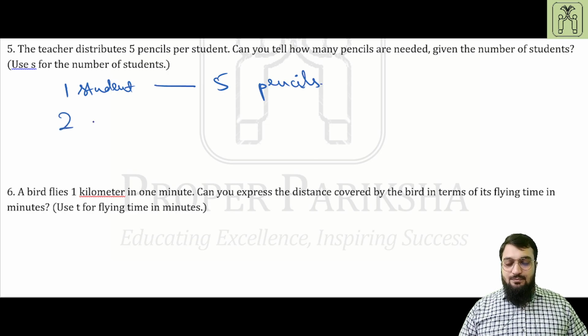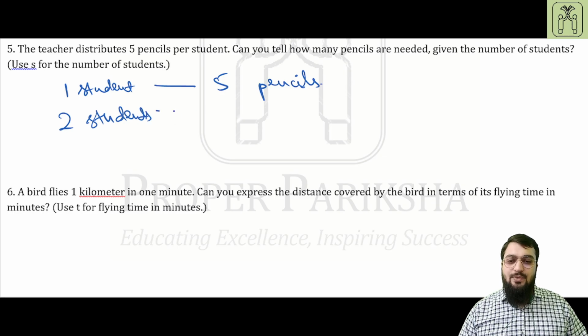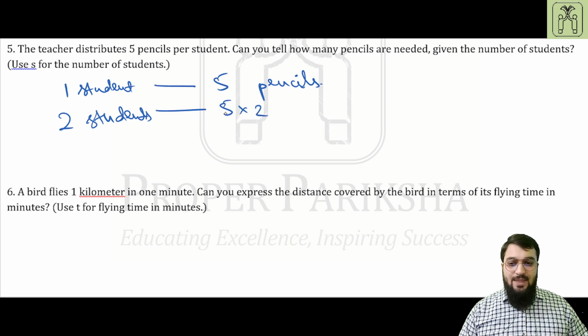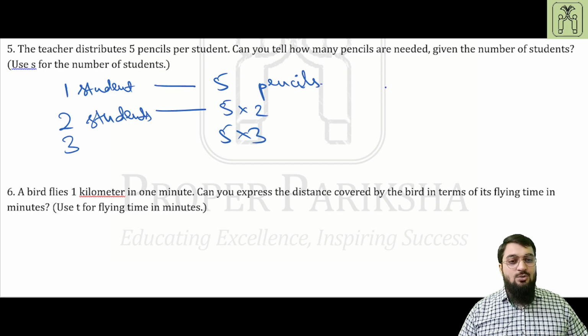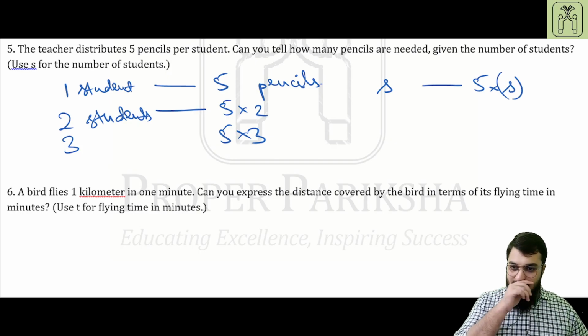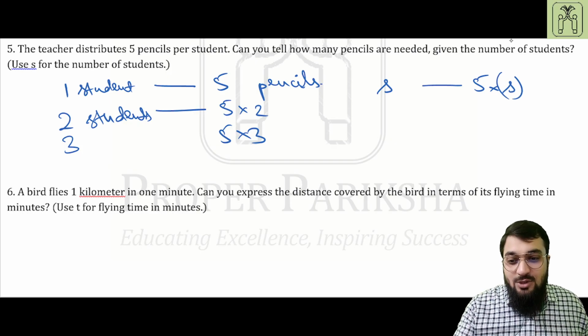So if there are 2 students, then the number of pencils given by the teacher is 5 into 2. If there are 3 students, then it will be 5 into 3. So if there are S number of students, then that will be 5 into S, and that will be the answer.